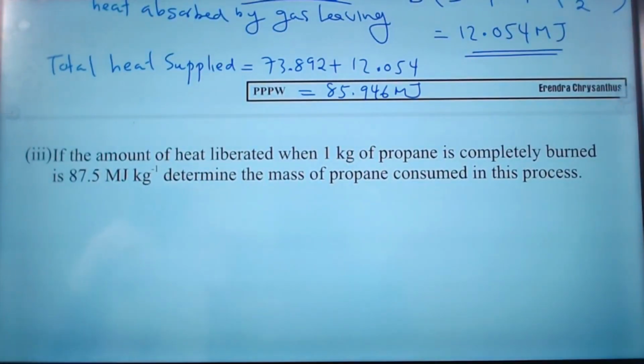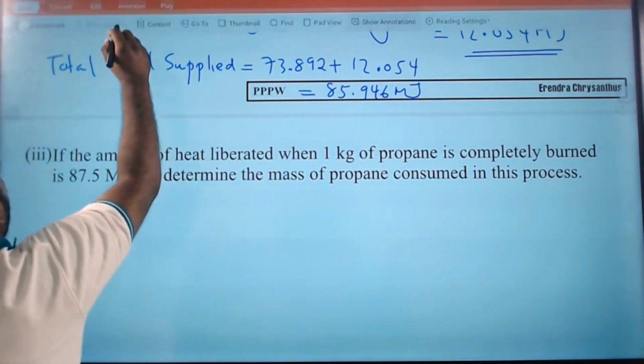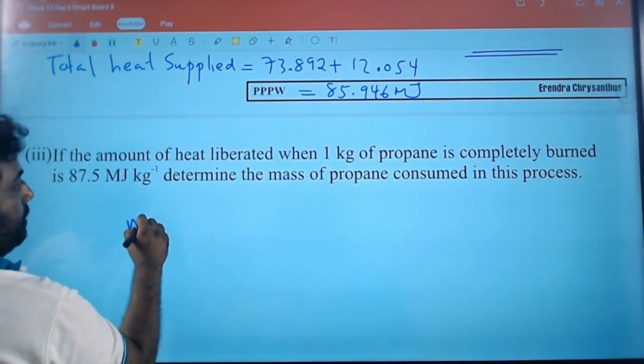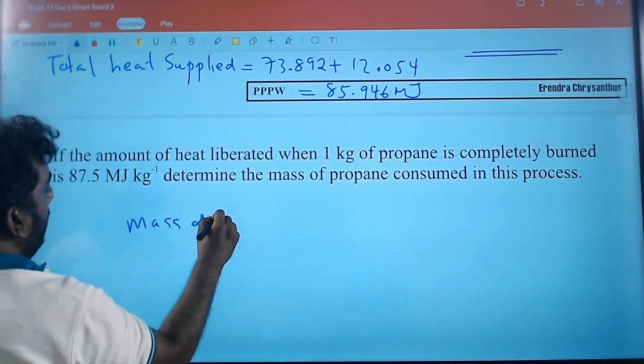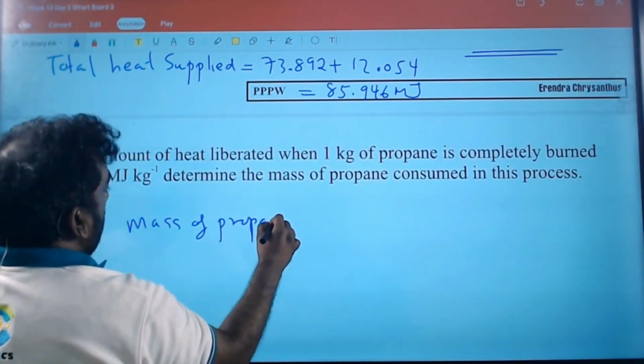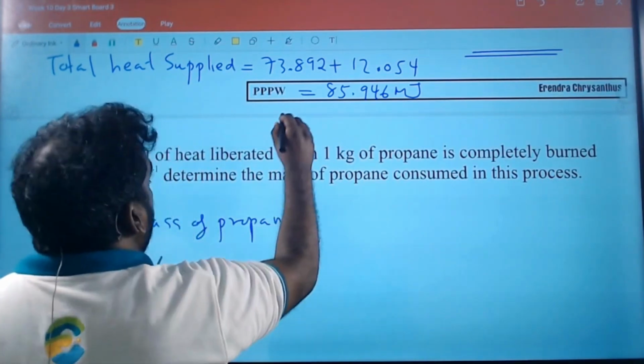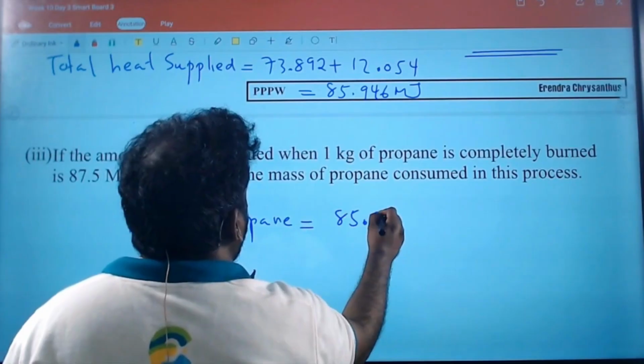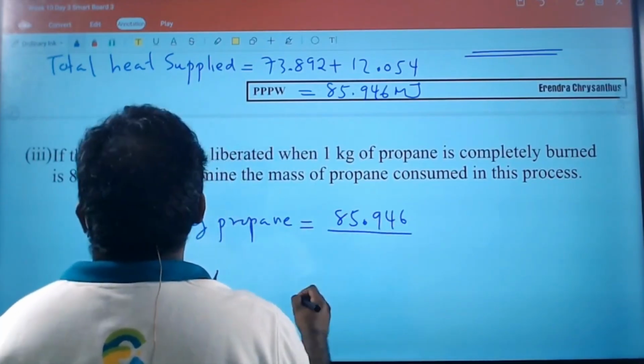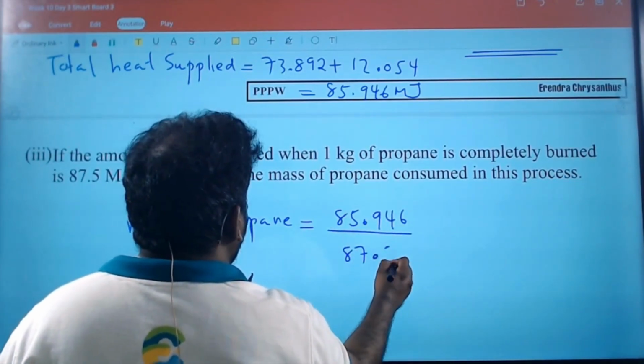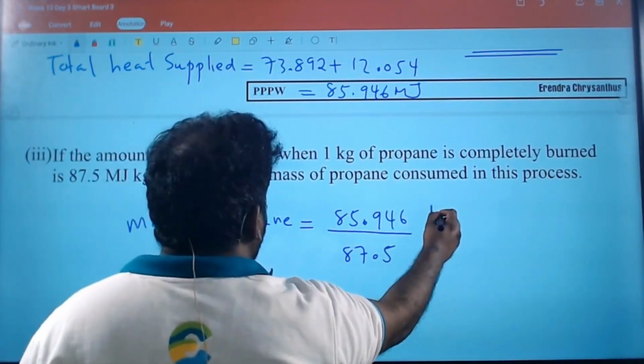Amount of heat liberated when 1 kilogram of propane is completely burned is 87.5 megajoule. Determine the mass of propane. So mass of propane, I have used 85.946. 87.5 megajoule per kilogram.